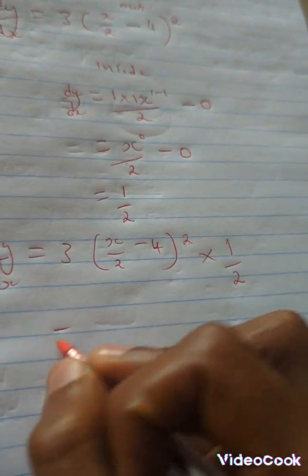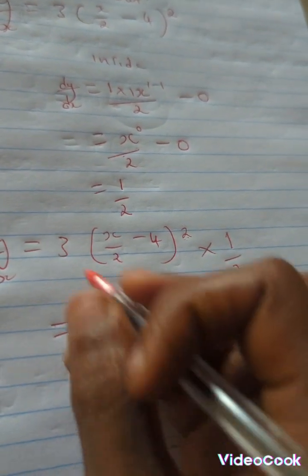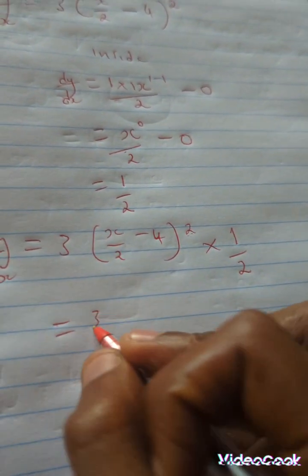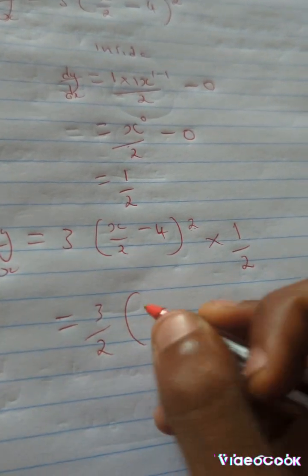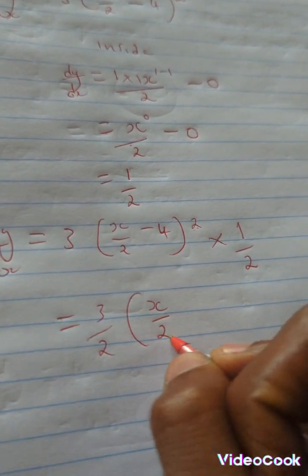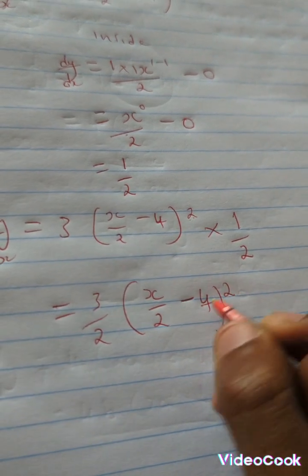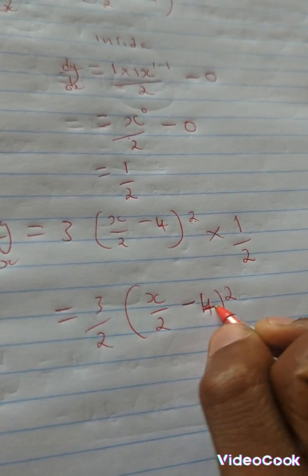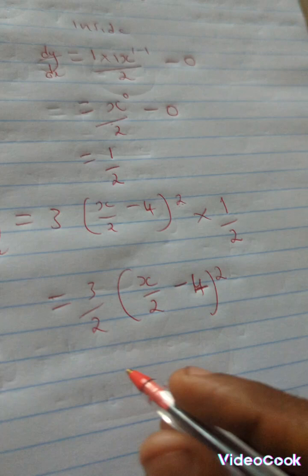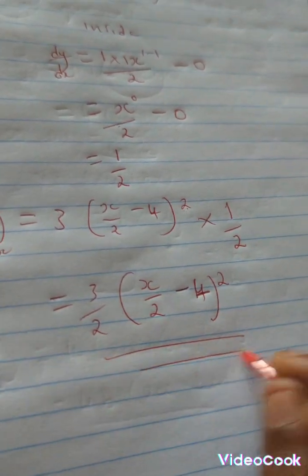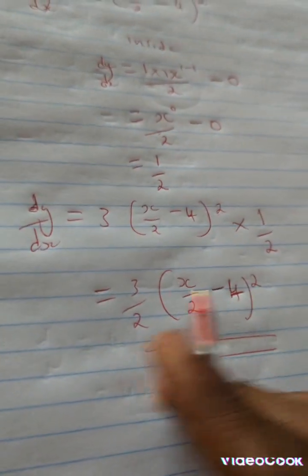Then when we do the mathematics, it will give us 3 over 2 times (x over 2 minus 4) squared. This is for the dy/dx.